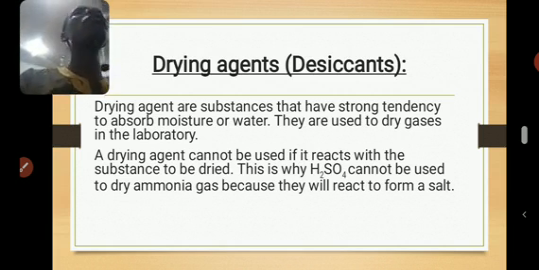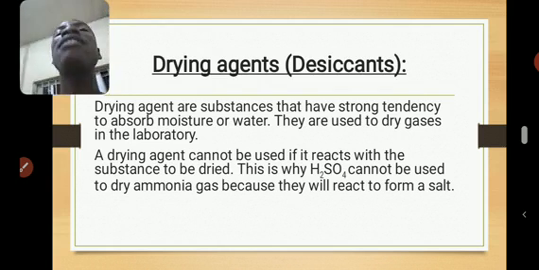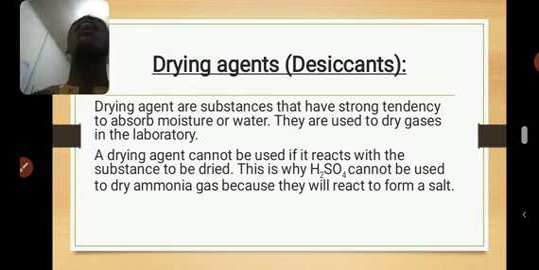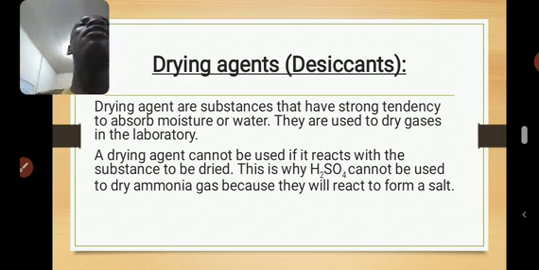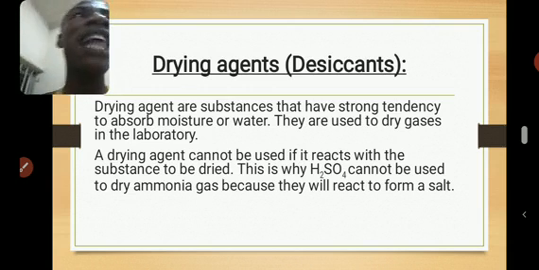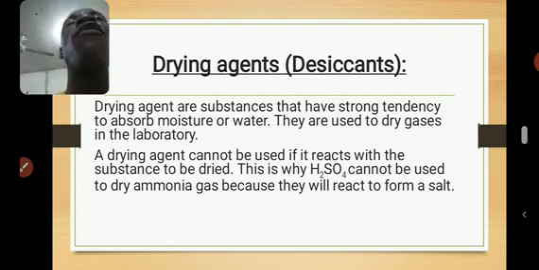Now there's a difference between drying agents and desiccants. Desiccants are actually drying agents, is that okay? But not all drying agents are desiccants. Desiccants are solid substances that are placed in a desiccator for drying substances.